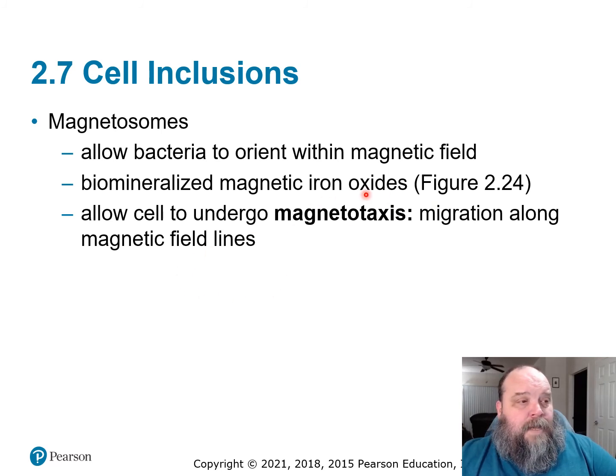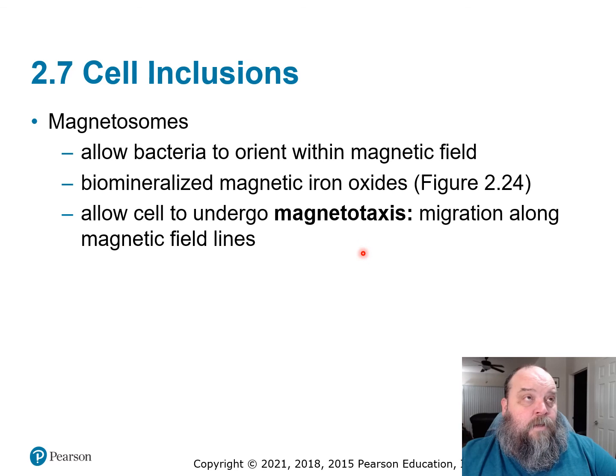Turns out some bacteria respond to magnetic fields. Different magnetic fields will alter the way that they move around in the water column. They refer to this as magnetotaxis. Okay, the different magnetic fields.